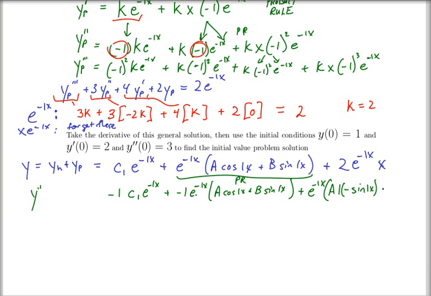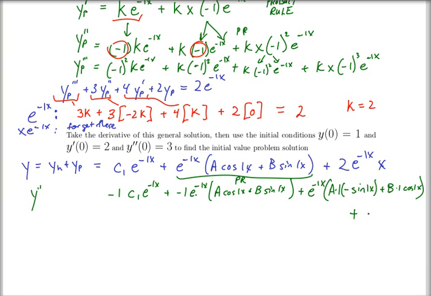A times that plus b times 1 times cosine 1x. And then plus minus 1. Oh, this product rule here. I think we've done this product rule before.